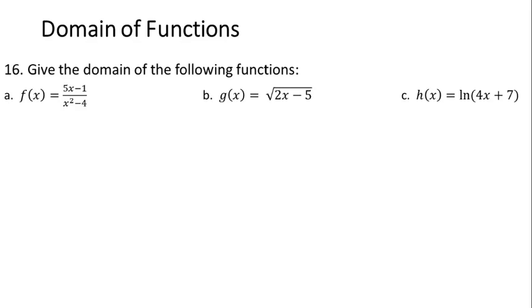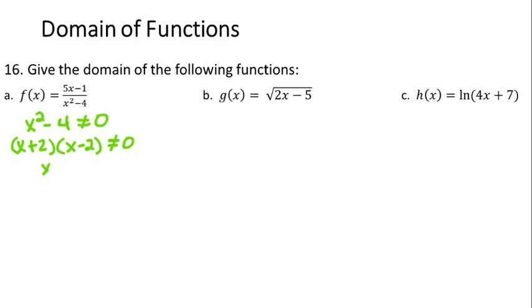For the first one, we've got a rational function. And when we're dealing with rationals, we need to see that this is a fraction. It represents a division that's happening. And the main rule to keep in mind here is that you can't divide by 0. Our denominator cannot be equal to 0. So x squared minus 4 cannot equal 0. And if I factor that, I get x plus 2, x minus 2.